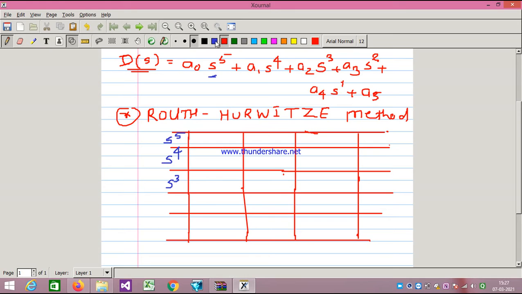Okay, so after that s raised to 2, s raised to 1 and s raised to 0. So likewise we are going to calculate.